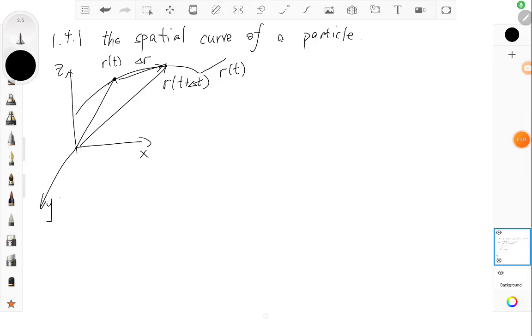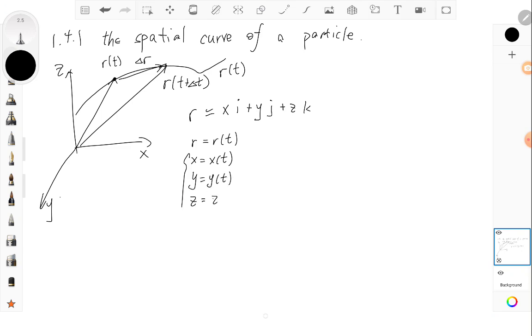The vector r can be decomposed into 3 components: the x component, y component, and z component. Thus, we can write r equals xi plus yj plus zk, where i, j, k represent the unit vectors in the x, y, and z directions. So we can write r equals r(t), the same as x equals x(t), y equals y(t), and z equals z(t).